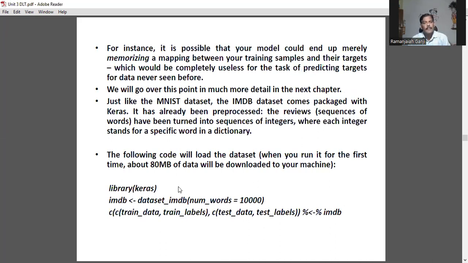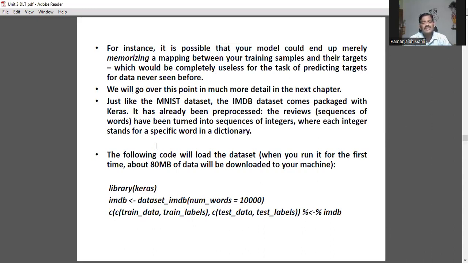For example, we may end up with a model that merely memorizes the mapping between training samples and their targets, which would be completely useless for the task of predicting targets for data never seen before. See, whenever we have enough examples of training data and testing data, only then will our predictions be accurate.